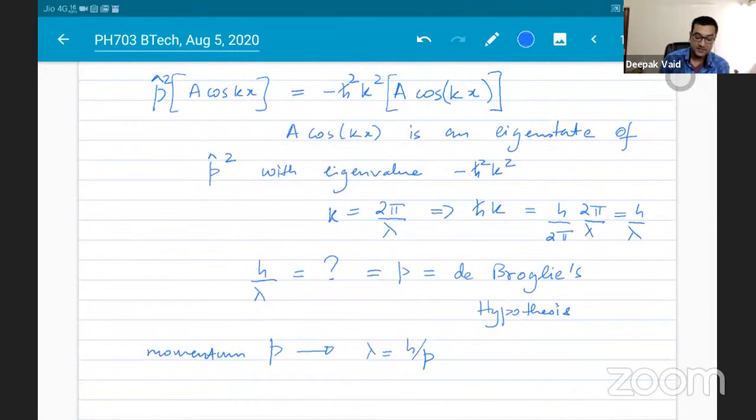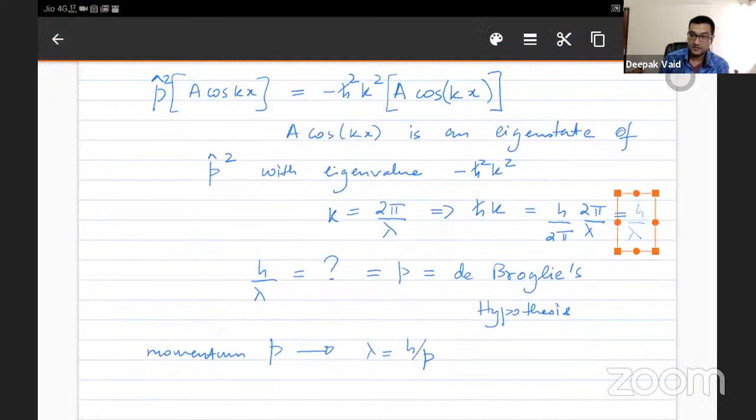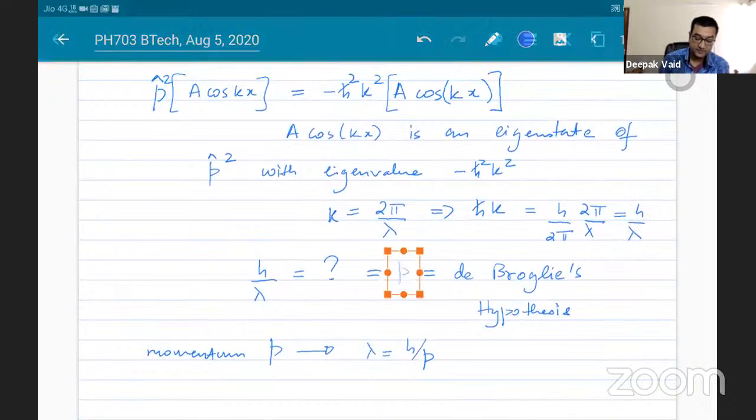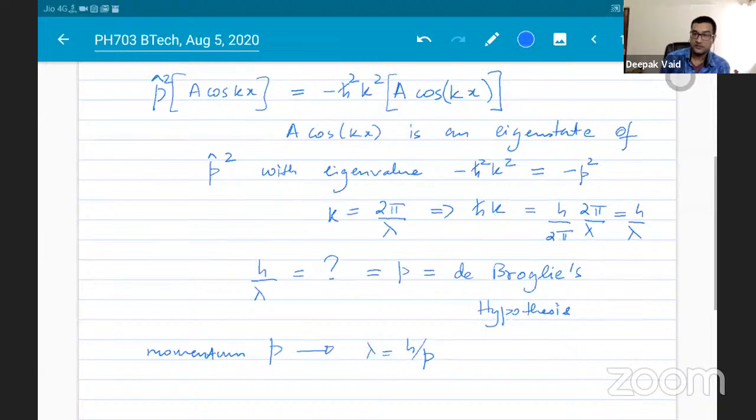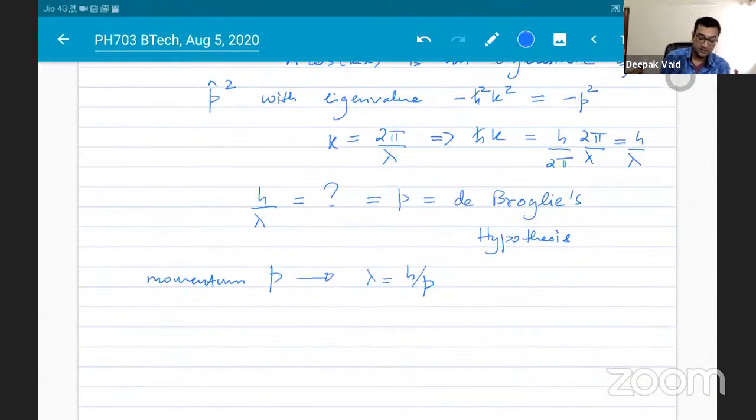And what is h bar k? h bar k is h by lambda. What is h by lambda? It is p, the classical momentum. So h bar square k square is equal to p square, where now this p is the classical momentum.